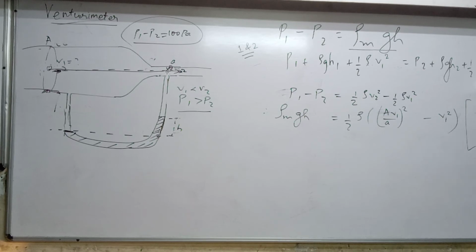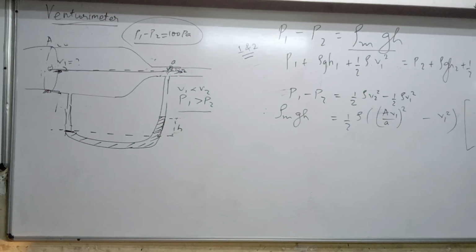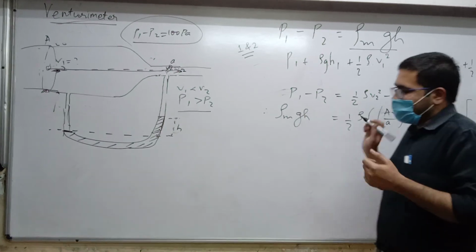First of all, you watch this if you don't understand. A1 V1 is A2 V2. We are taking bigger area as A1. That is capital A. The smaller one is A2. Understood? That's smaller. Right? So based on this, what is V2 equal to? A V1 upon small a. Clear?